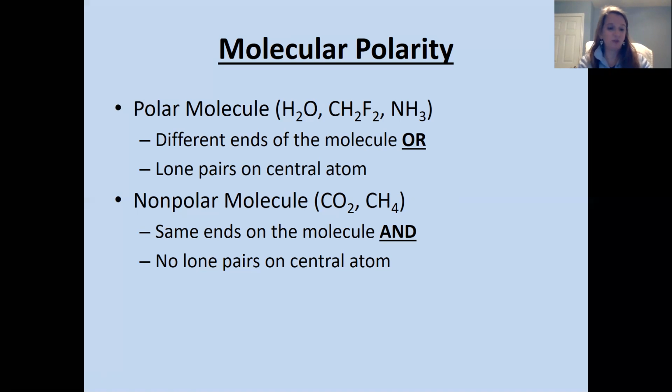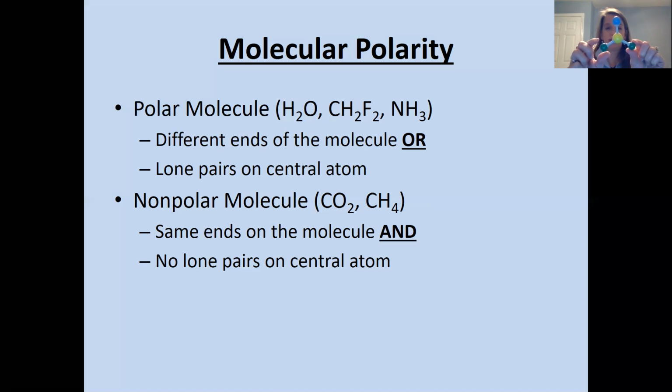No. The reason why it's not equal and balanced is because it does have these lone pairs around the central atom. Okay? So, polar molecules are going to have different ends, or there's going to be lone pairs. Different ends would be what I created here with the blue and the greens.